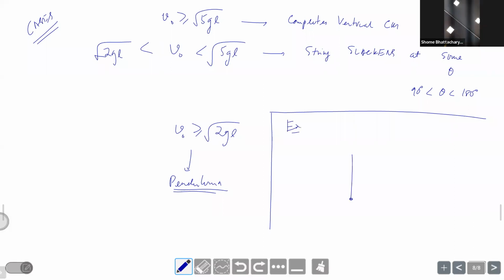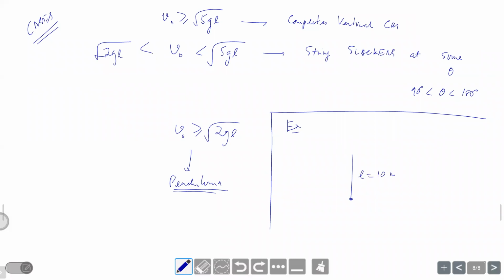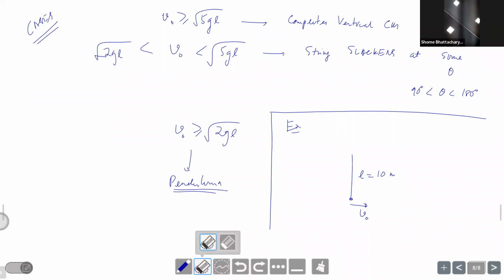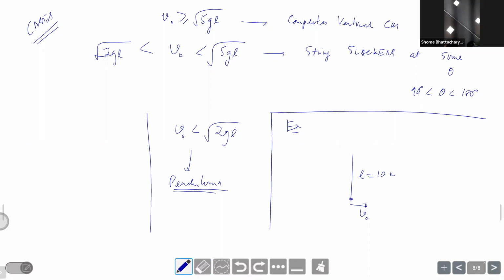That same length of string we had taken last time. Sir, the pendulum is when V naught is less than root 2GL. Yes, sir. Sorry, less than equal to. Yeah, that's pointing that out. Here this should be less than, just about equal to will also do. So we can actually write it differently.